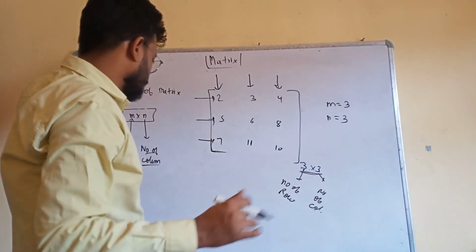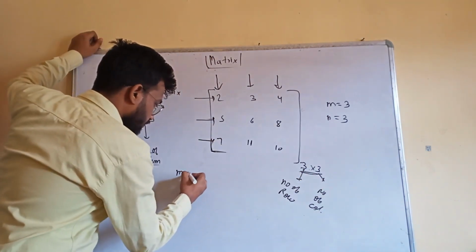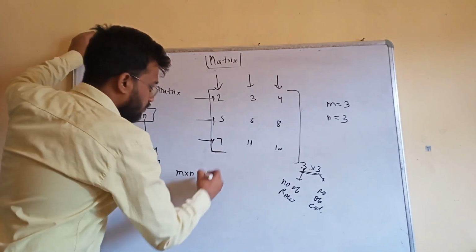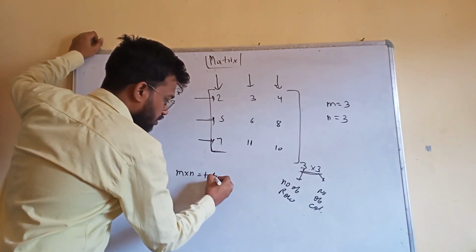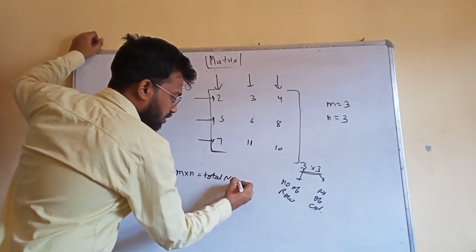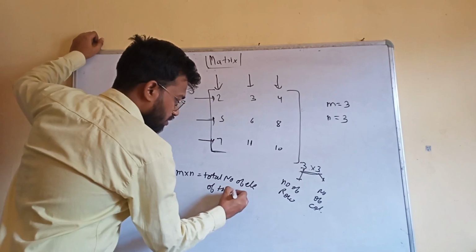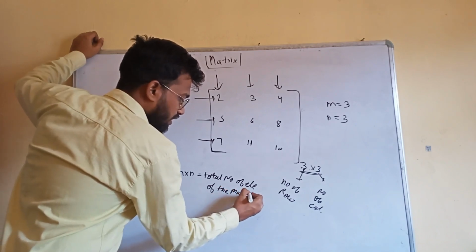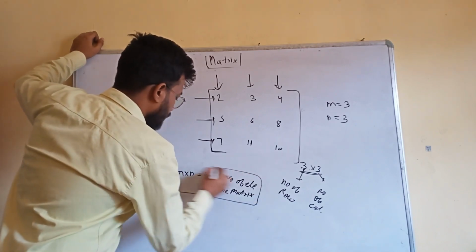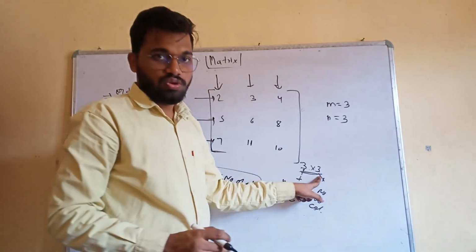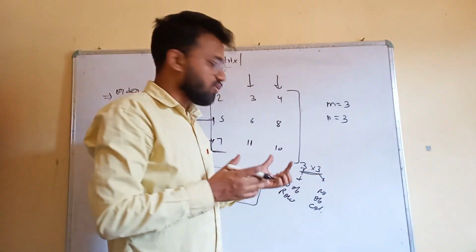Now see, an interesting thing. If you multiply m cross n, what are we going to get? We are going to get the total number of elements of the matrix. It means how many elements the matrix has. If you multiply these 3 cross 3, we are going to get a value.